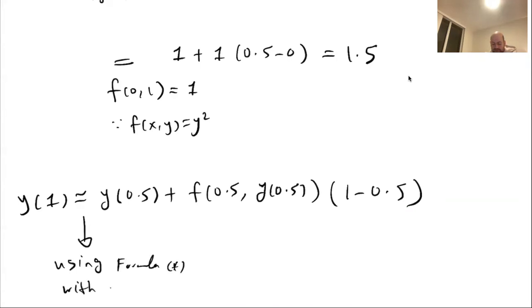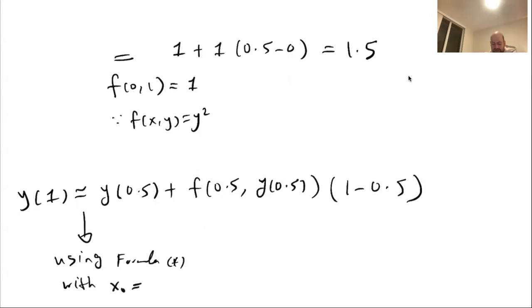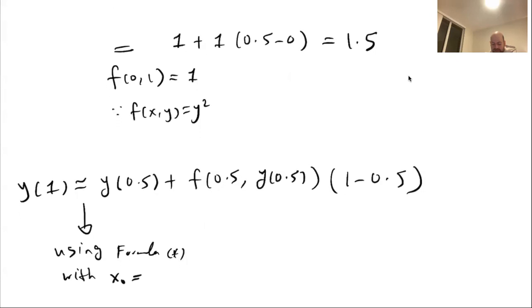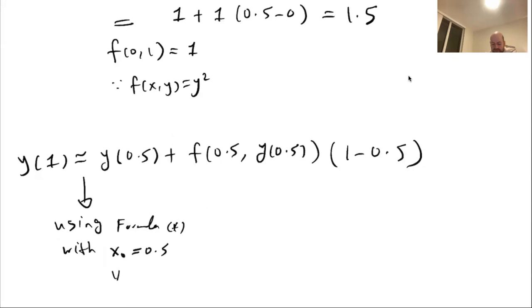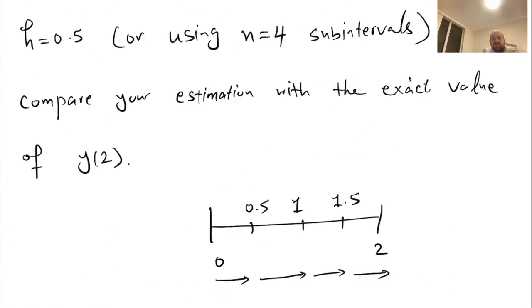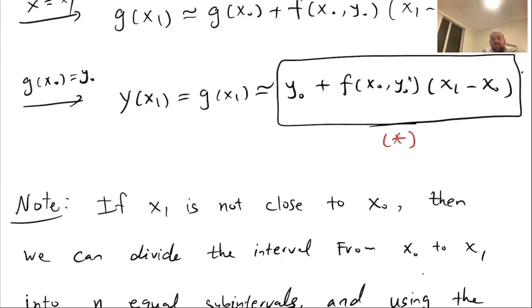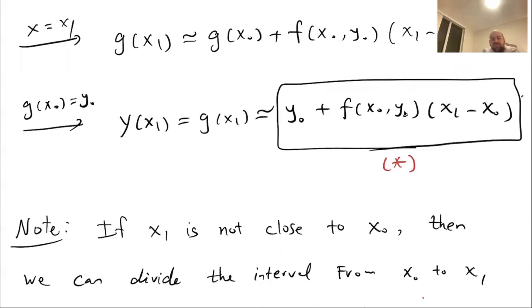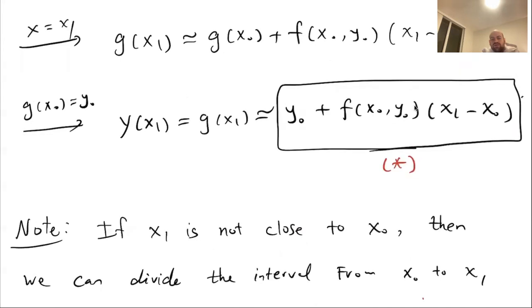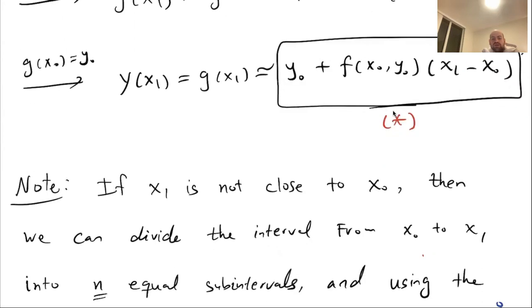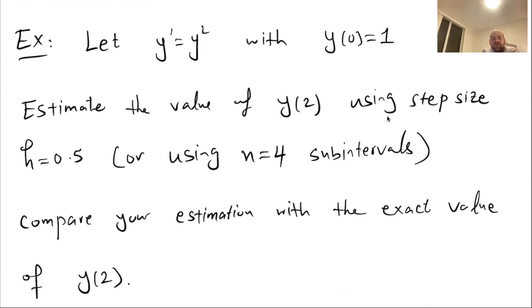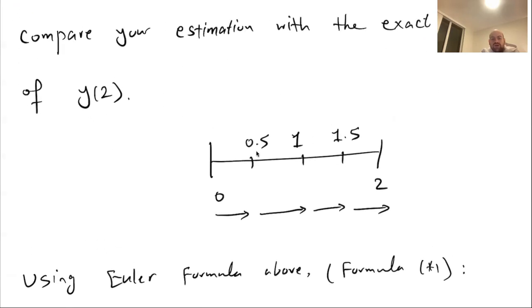This time our x naught we have to replace with 0.5, and y naught will be y of 0.5. So we can still apply this formula, but our x naught and y naught are not the original x naught and y naught, because we used the original x naught and y naught to find the estimation for the function at 0.5.